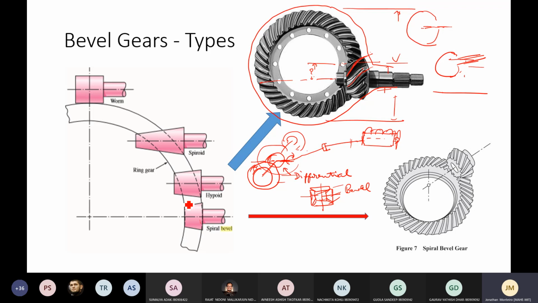You can go for hypoid or spiroid teeth, depending on where the pinion is based. And we know that hypoid gears are used in automobiles, from the propeller shaft to the crown gear of the differential.